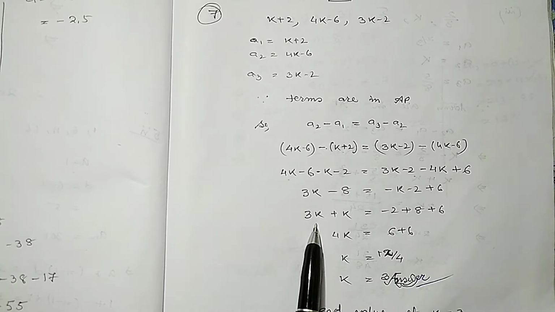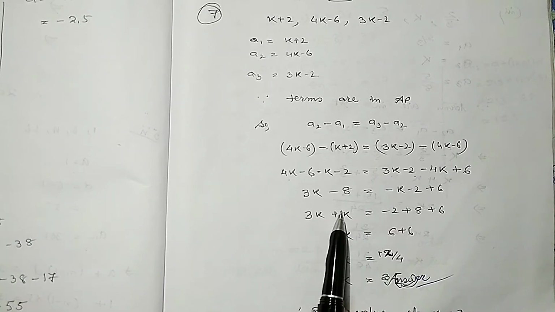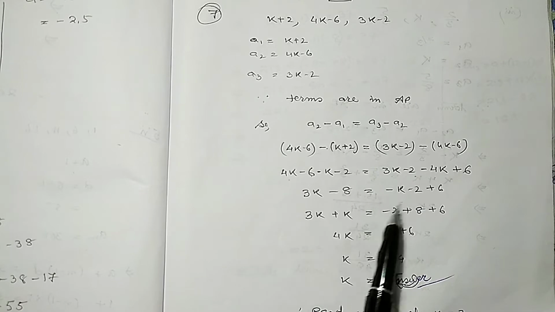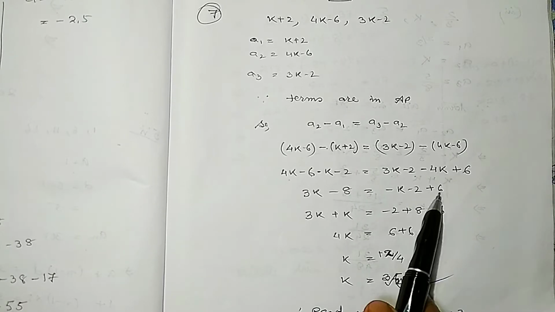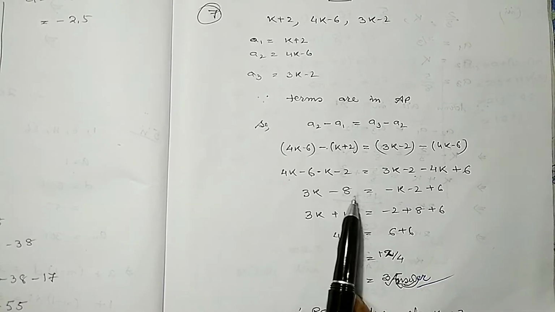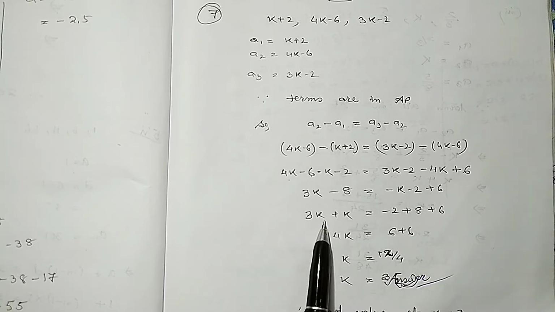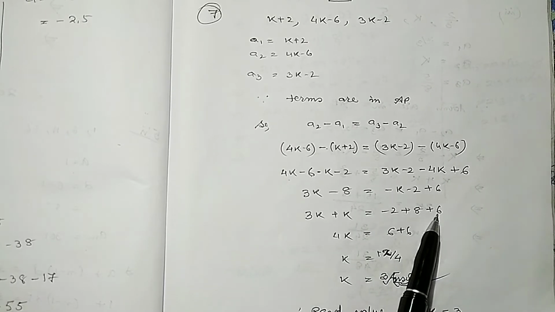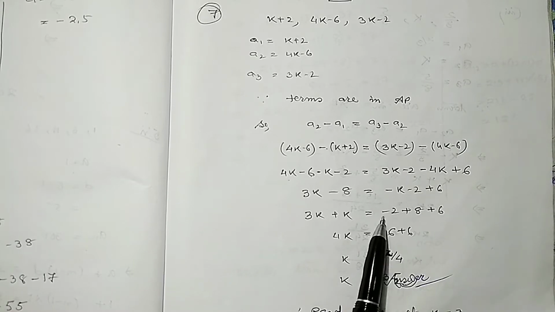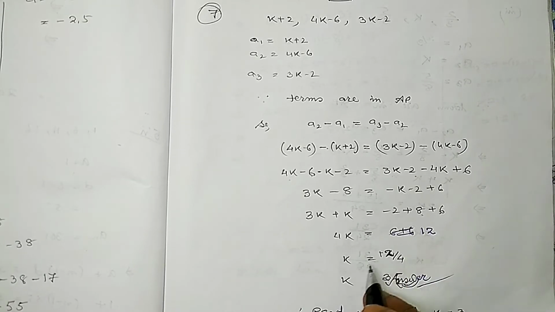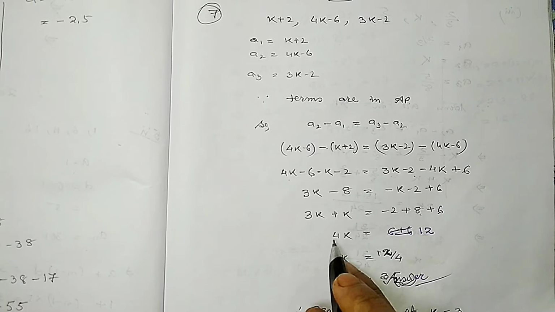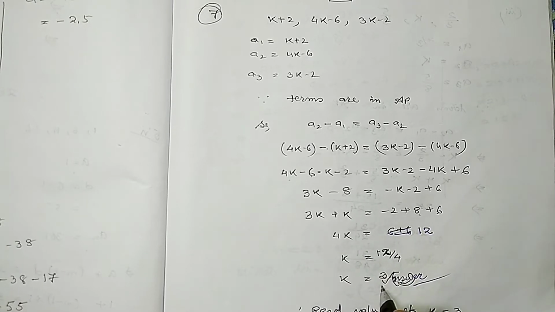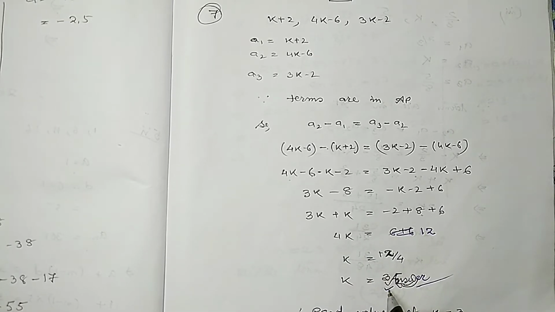So 3k, this minus k, if I transfer to the other side, it will become plus k, and this minus 8 will be plus 8. So 3k plus k, 4k equals 8 plus 6, 14, 14 minus 2, it will be 4k equals 12. So k equals 12 divided by 4, that will be 3. Therefore, the required value of k is 3.